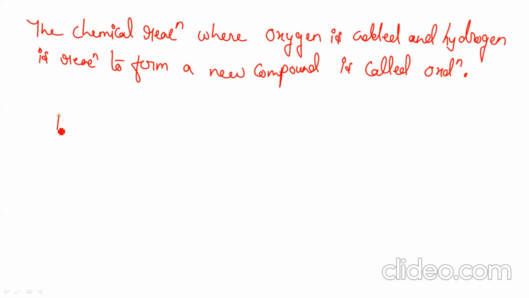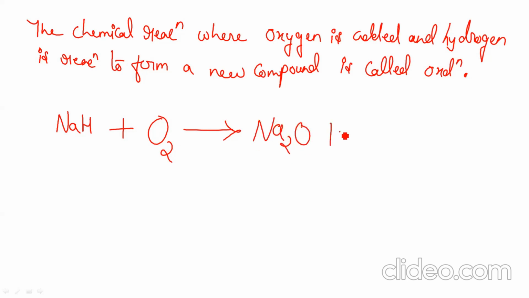For example, NaH. When NaH is heated, it will form Na2O plus H2. It will be like this.